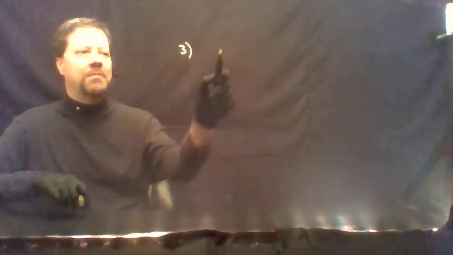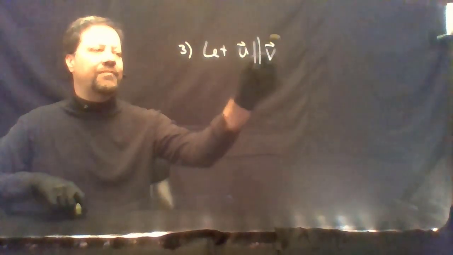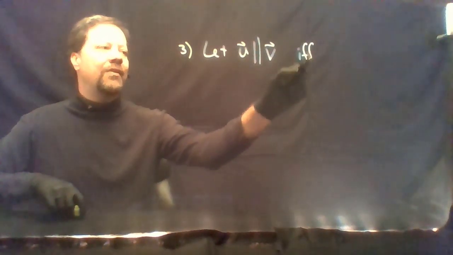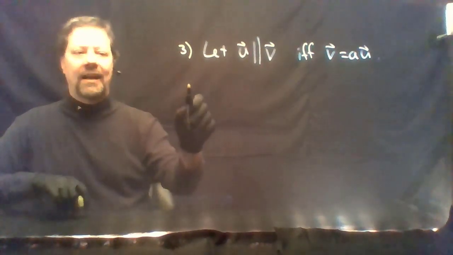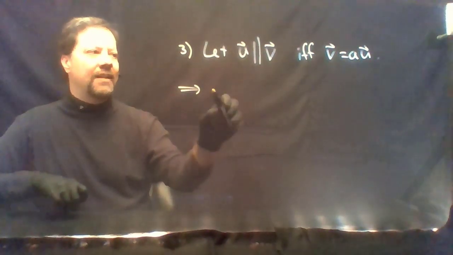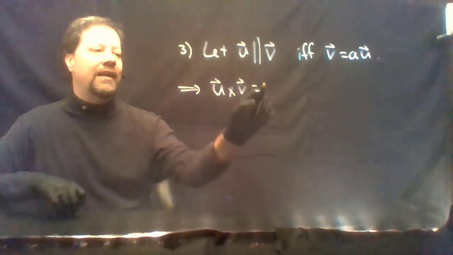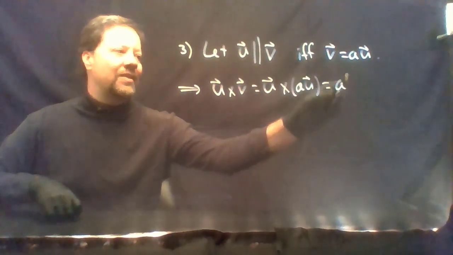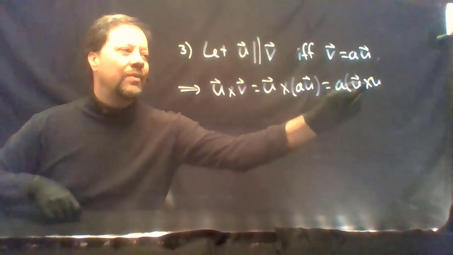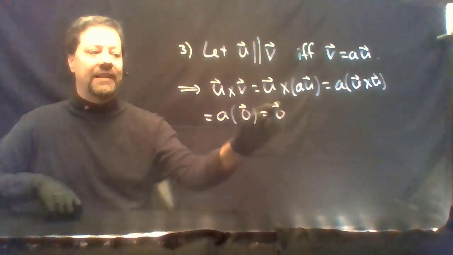I'm going to skip the proof of 2 for now. We'll come back to it. But first, let U be parallel to V. That's true if and only if, say, V is a scalar times U. And that implies then that if I take U cross V, I'll have U cross a scalar times U, which is a scalar times U cross U, which is a scalar times the 0 vector, which is the 0 vector.